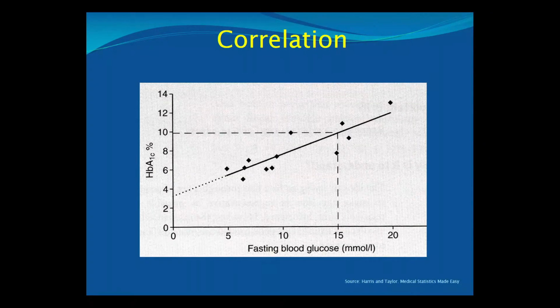Look, for example, this graph shows a positive sign for the correlation coefficient, and look, we have two variables. For example, level of hemoglobin on the vertical axis and fasting blood level of glucose on the horizontal axis.